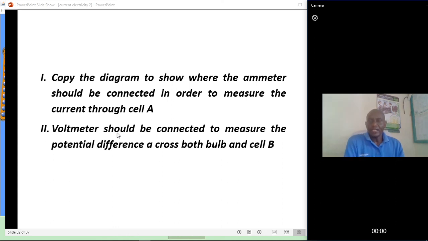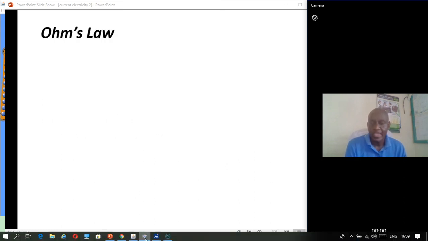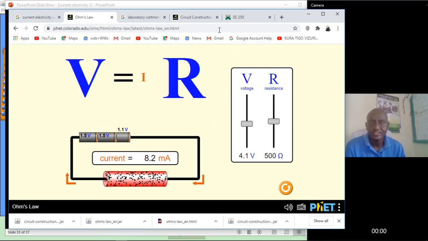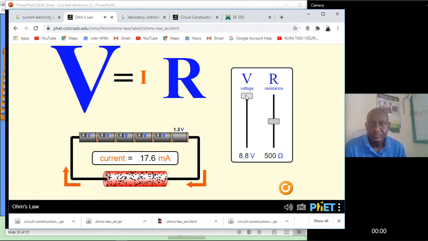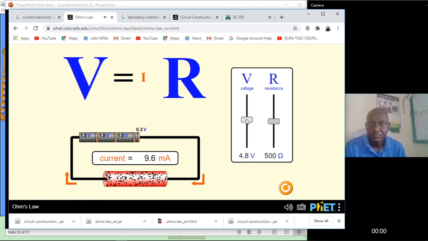So I want to stop there for today so that our next topic will be Ohm's law, where we shall be looking at some funny things: if we increase voltage, what happens to the resistance? Look at the figures, how they are alternating. When I minimize voltage, what happens with current?